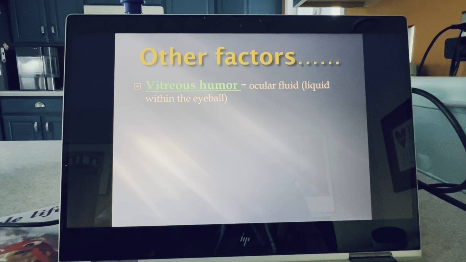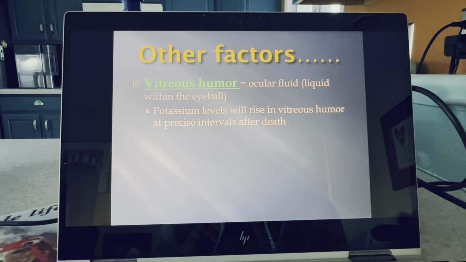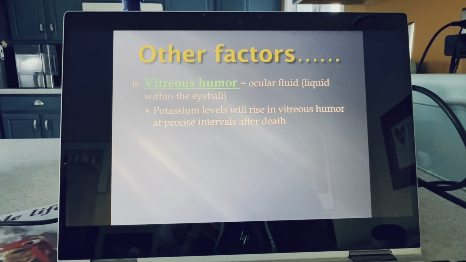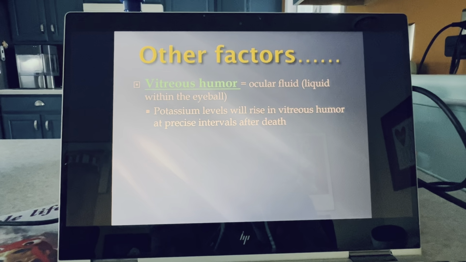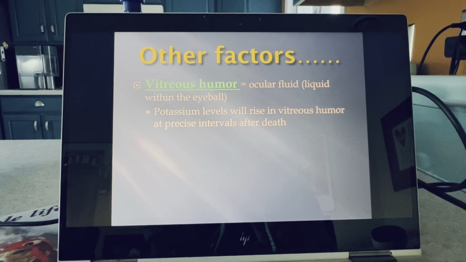And what has been found is that potassium levels will rise in that ocular fluid at very precise intervals after death. So if your decedent still has eyes, you can potentially take that fluid and not only test it for drugs of abuse or poisons or even medications the person was taking, but if you measure the potassium, then you can plug it into a standard curve and it'll give you an estimated time of death as well.